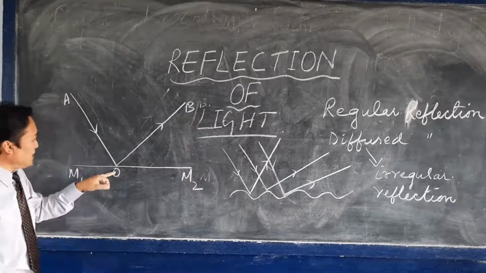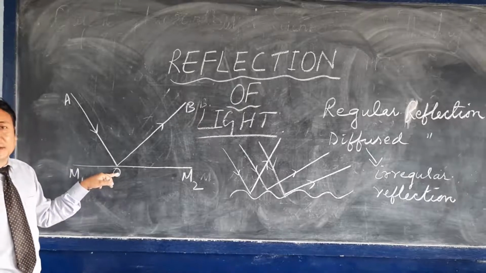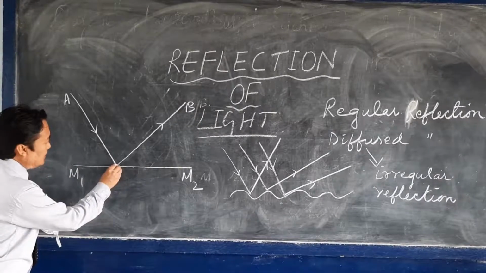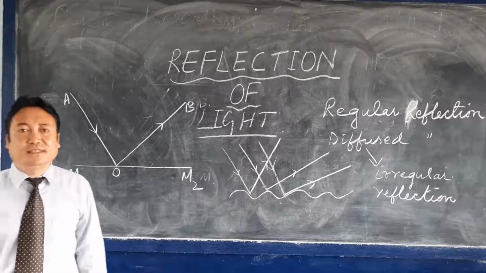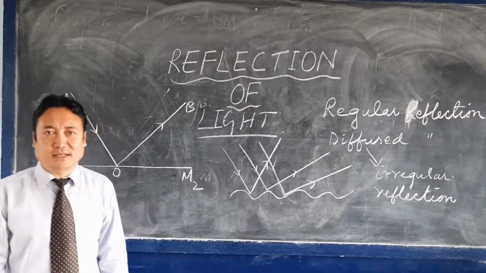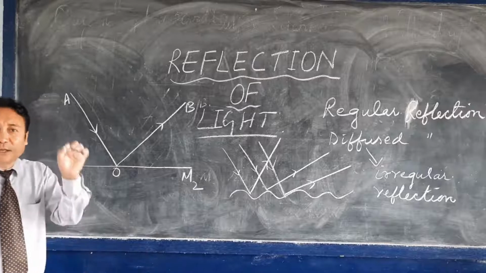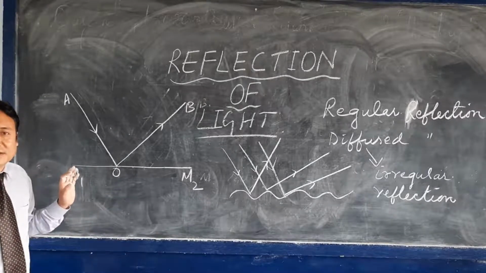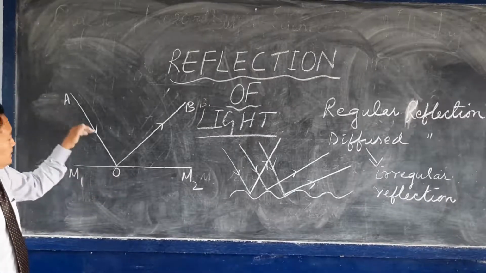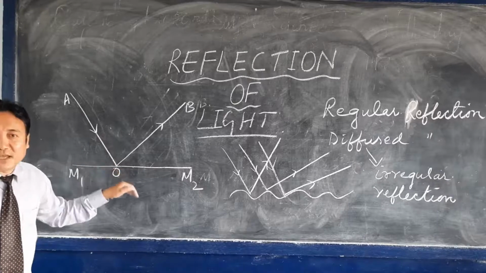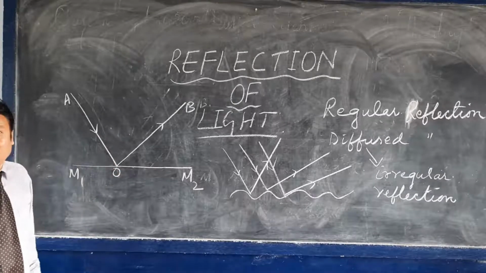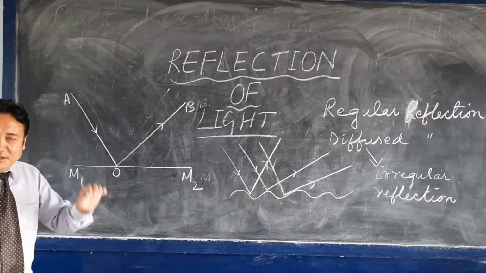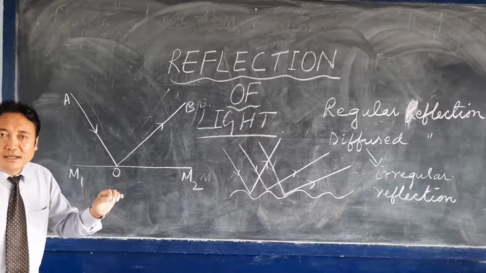And the other one is here, that is O. O is the point which we call the point of incidence. The point of incidence is a point on the reflecting surface where the incident ray strikes.